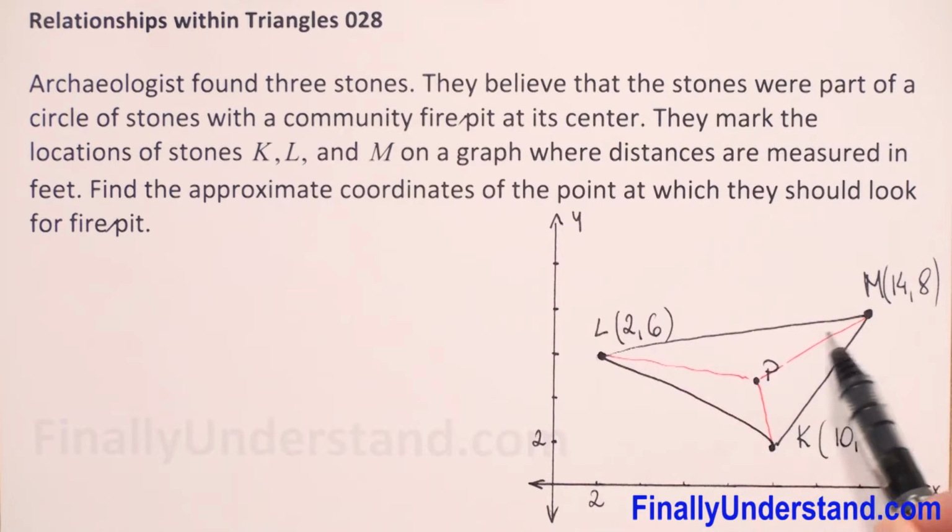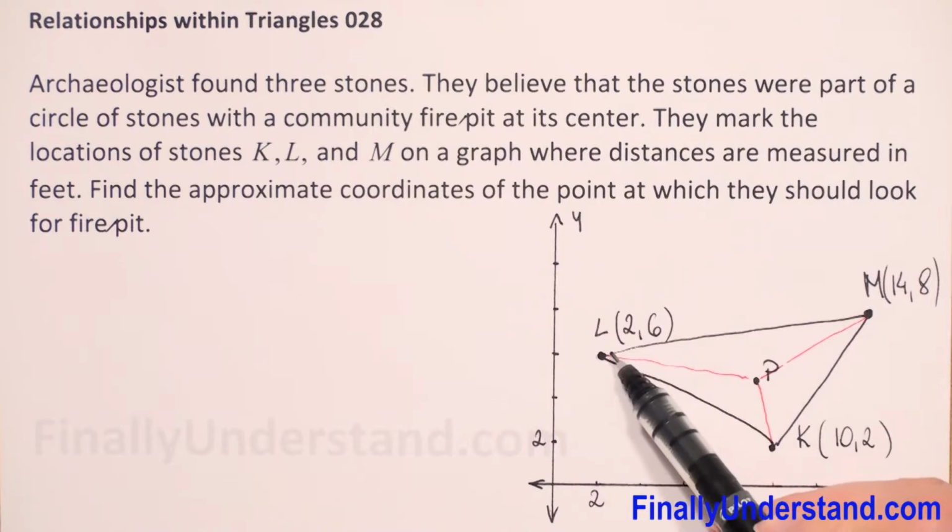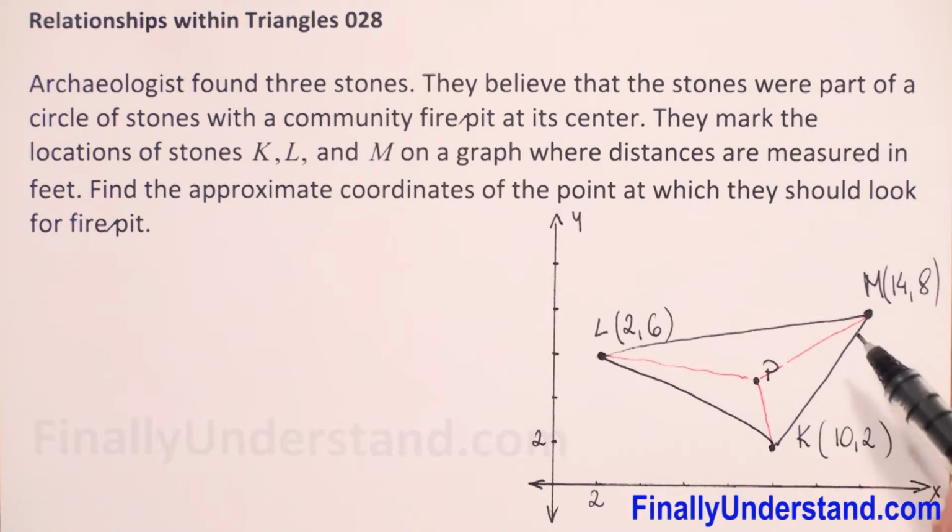So we have to find the perpendicular bisector of side LM, MK, and KL. And we know that a perpendicular bisector is the segment that is perpendicular to a segment at its midpoint. So first we need to find the midpoints of segments.